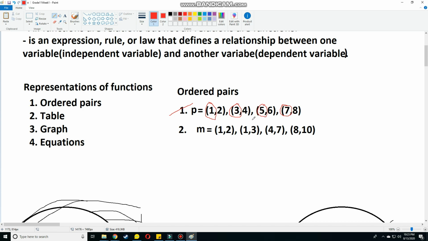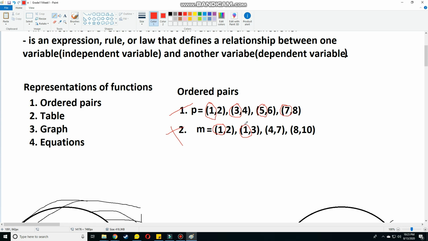Our example number 1, our domain has no repetition, therefore our example number 1 is a function. Now, on our example number 2, it is not a function. It's because on our domain there is a repetition, therefore it is not a function and just a mere relation.